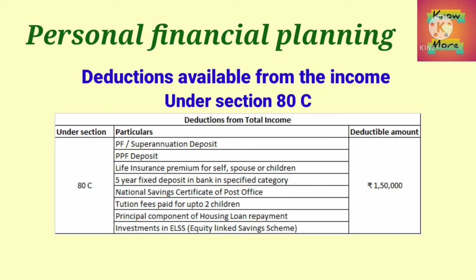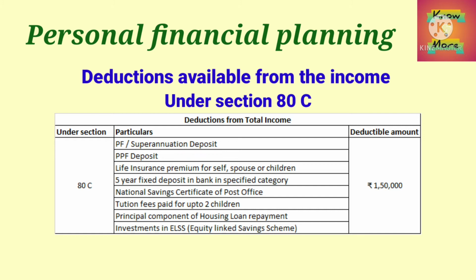Then, your PPF deposit, life insurance premium paid for you as well as for your spouse or children, 5 year fixed deposit in banks categorized under Section 80C, investment in National Savings Certificates of the post office, then tuition fees paid for up to 2 children, principal component of repayment of your house loan installments, your investments in units of ELSS, that is Equity Linked Savings Scheme of any mutual fund. As mentioned, all these investments and expenses are to be deducted from your total income to derive your taxable income.